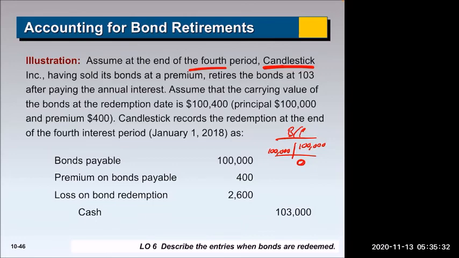So what I have to do then, you see this 103, I have to go to them and say, okay, look, I'm paying this off early. Because of that, I'm going to pay you a little bit of extra money to make us square, make it even. I've got to pay extra because I'm taking away their last year of interest, right? But I'd like to do that if it's going to save me money.